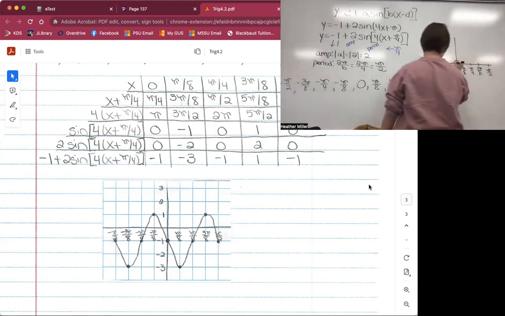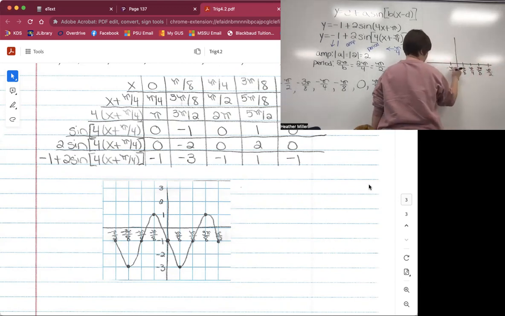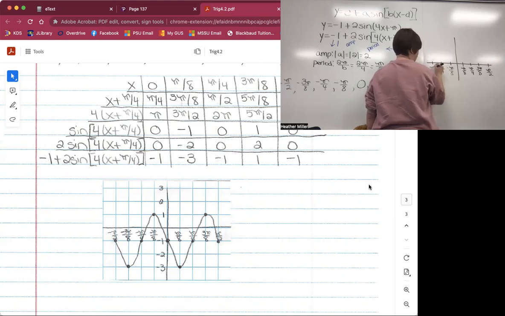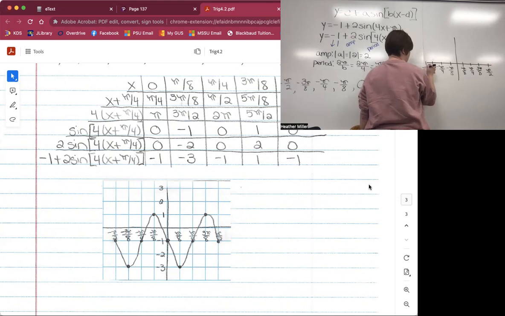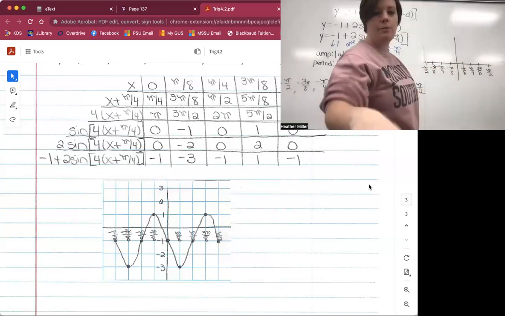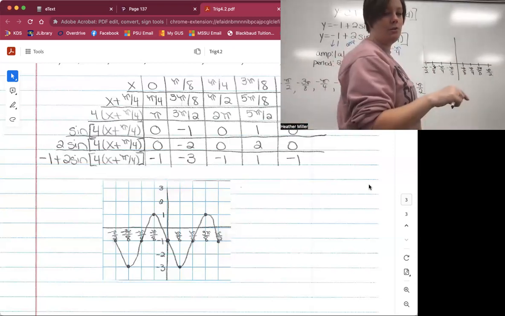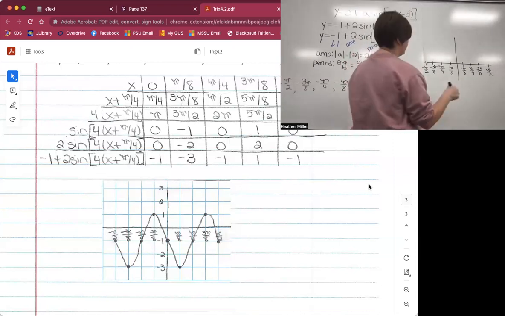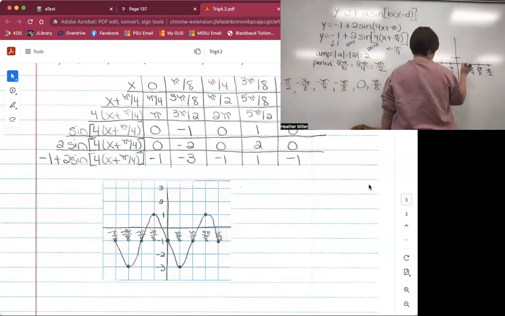And then I'll have their negatives. Negative pi over 8, negative pi over 4, negative 3 pi over 8, negative pi over 2. And then my amplitude, or how high up and down I'm going to go based on what my y's are from 1 to -3. So 1, 1, 2, 3.